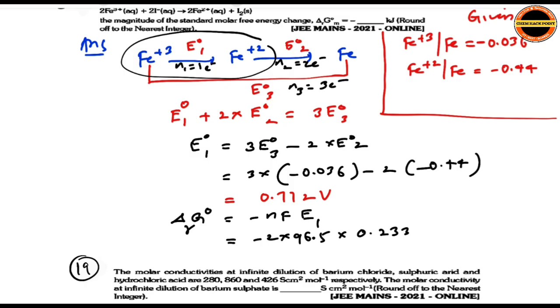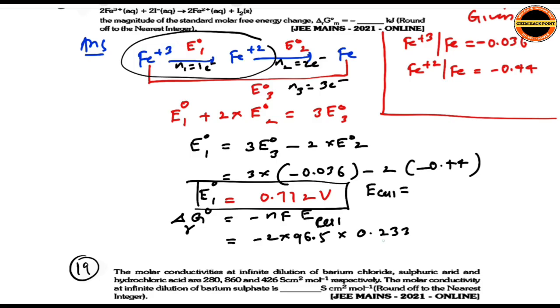No, iodine is also there, just a minute. Here we got the E naught value, but we need E naught cell, right? So it is the E naught 1 value, meaning one particular part. E naught 1, for which one did we write? That is for iron. But the E cell value we write here.